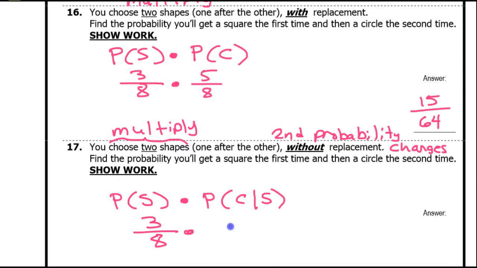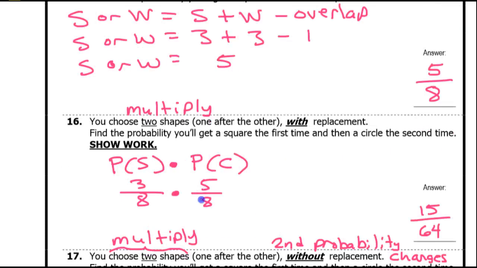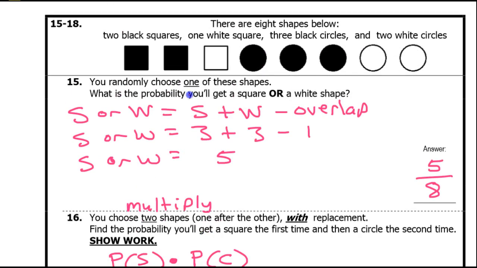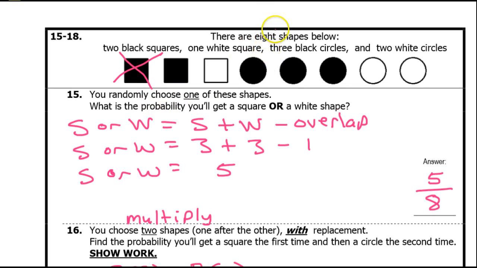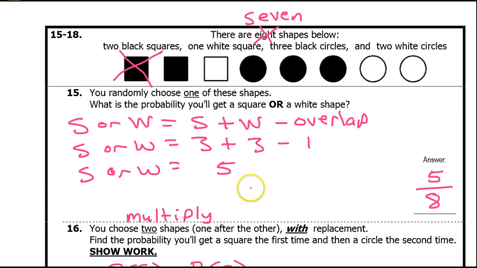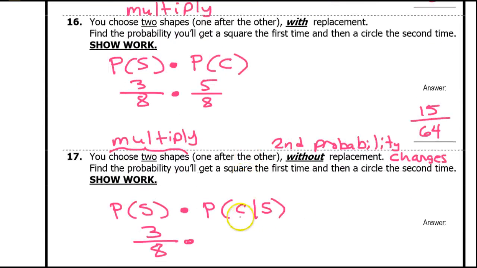Okay, now here's the thing. We picked a square, and without replacement means we don't put it back. So that means one of these squares is now gone. So let's say it's this one. So this square is out of here. So that means that there are no longer 8 shapes. Now there are only 7 shapes. So as we go to pick the circle next, we have to take that into account.